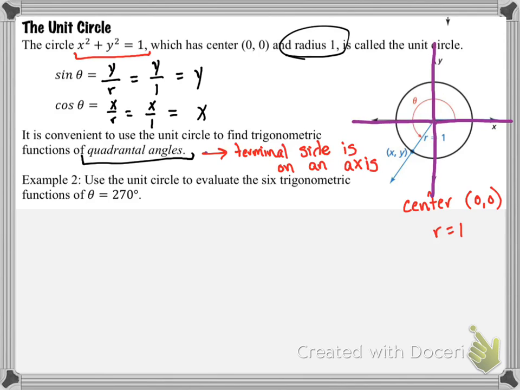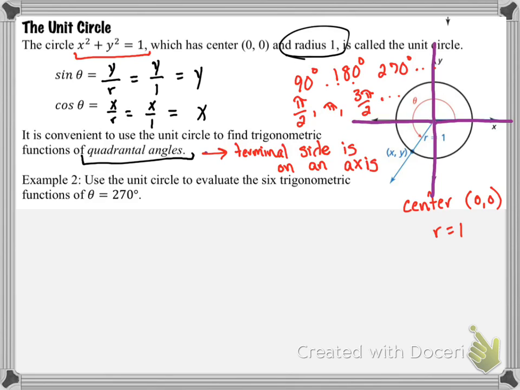Okay, so basically, if you're dealing with degrees, the quadrantal angle is any multiple of 90 degrees: 90, 180, 270, dot, dot, dot. If you're in radians, it's any multiple of pi over 2. So pi over 2, pi, 3 pi over 2, dot, dot, dot.